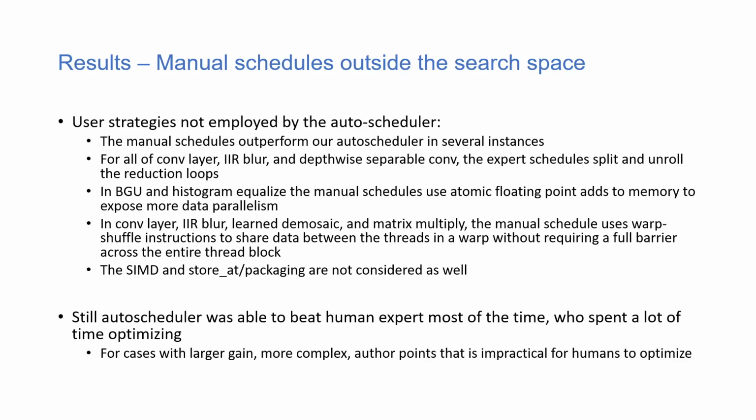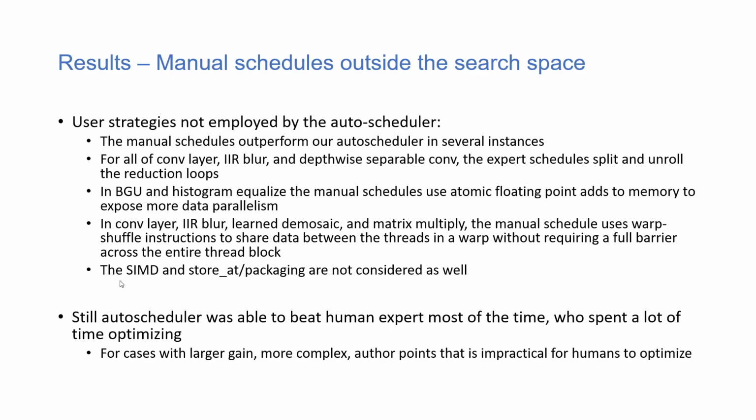Here are some of the strategies that the user considered that were not available in the autoscaler in this paper. One of them is that they split and unroll the reduction loops, and they use atomic floating points to expose data parallelism. They use the warp shuffle instruction to share data between threads in a warp without requiring a full barrier across the entire thread block.